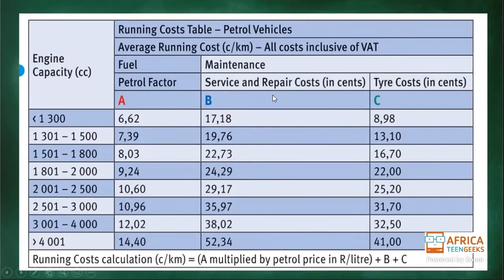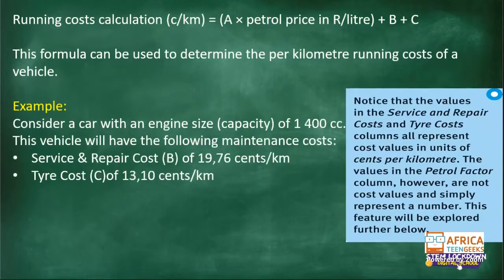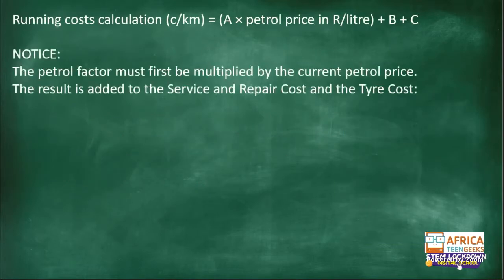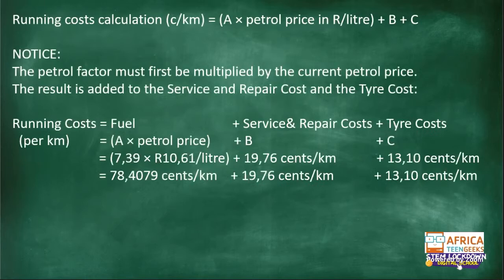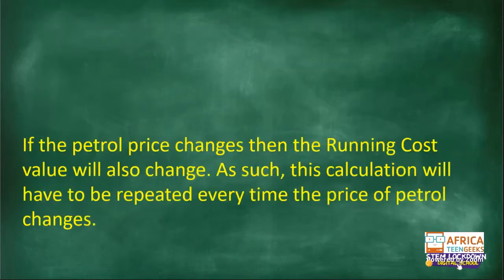You add the service and repair costs plus the tire costs. And then we have looked at the example where we have been able to calculate the running costs of a vehicle. And of course, we found it to be R1.11, and we don't round off until the final answer.